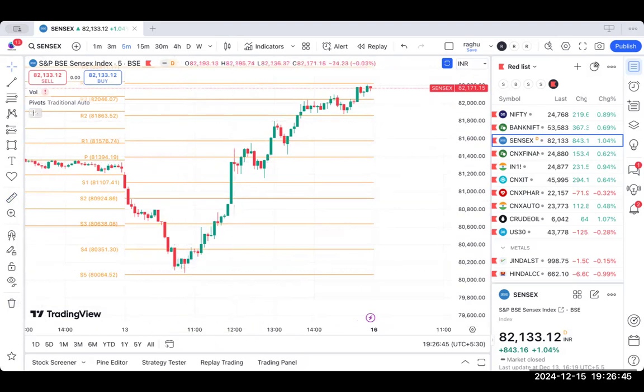But my question is, when you don't know how to mark manual levels, how will you believe this at this point? That is why we take entry at our ORB level only. Otherwise, this will confuse you and anything can happen in this place because no one can predict the stock market. You only go with the probability.